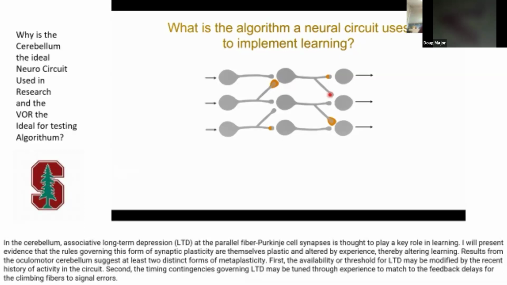level. So my strategy has been to choose a circuit that has a relatively simple circuit architecture that makes analysis of this question easier. And of course, that is the wonderful cerebellum, which has just 5 main types of neurons in the cerebellar cortex, plus a couple of others that are smaller in number.